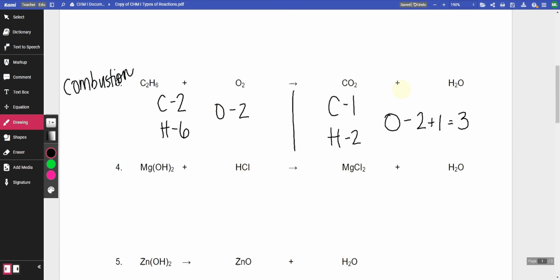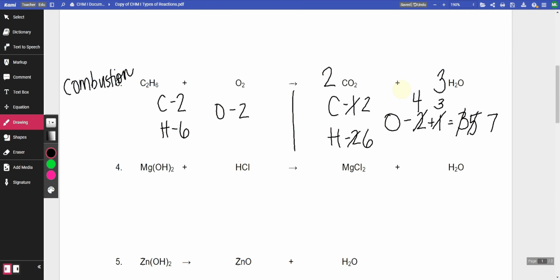So we have to put a 2 in front of the CO2 to make it have 2 C's. And then that makes this first number a 4, because the 2 O's times the 2 gives you 4. So that takes it to 5 oxygens. Then you put a 3 in front of water to make the 6 H's. But then that makes 3 for that section, so that makes a total of 7.